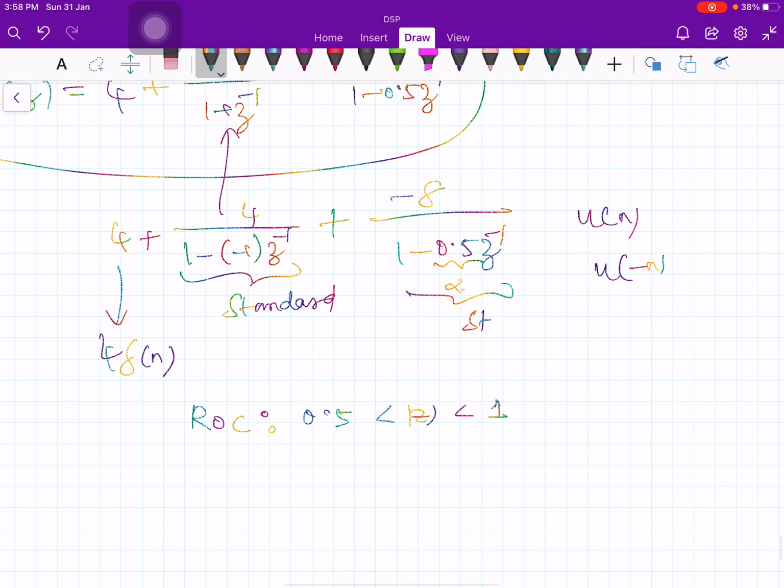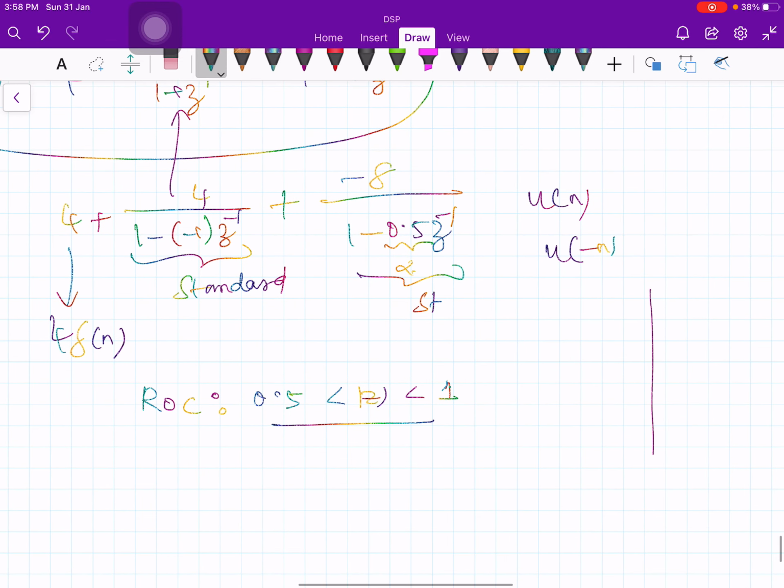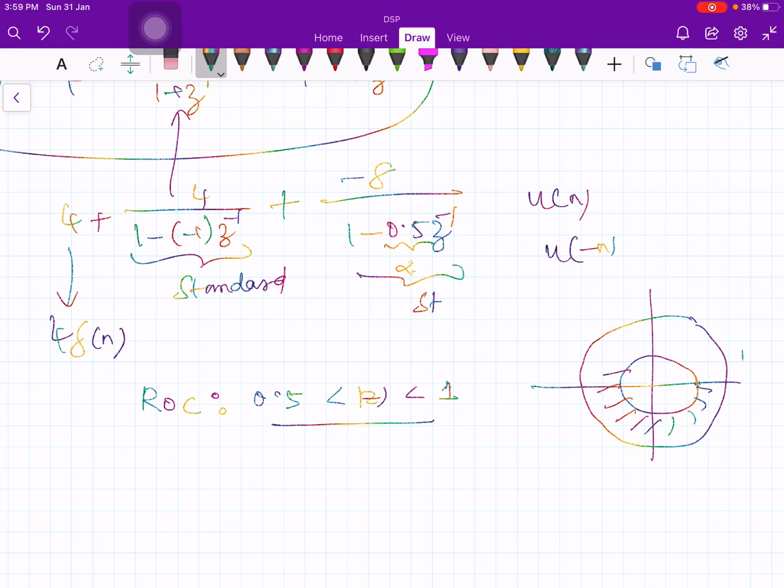See, the ROC is bounded by the poles. If you plot it, let's say this point is 0.5 and this one is 1. Now the ROC is outside of the inner circle and inside of the outer circle.